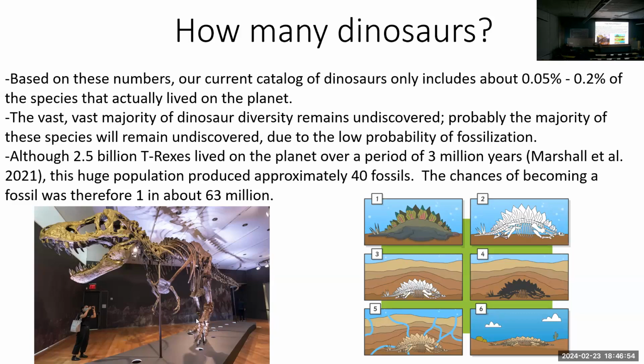So what this shows us is that the probability of an animal like a T-Rex getting preserved is very low. It's only about 1 in 63 million chances. This means that any dinosaur that has just a few million individuals in the species or a few 100,000 individuals in the species is likely to not fossilize. The probability is that it will not be fossilized and found by a person.